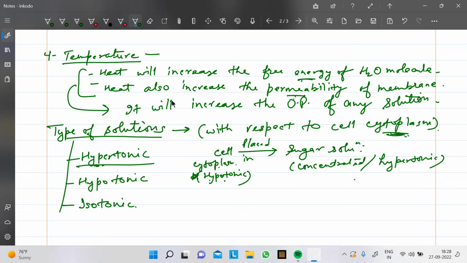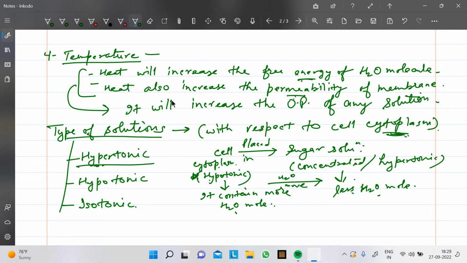What does it mean? Hypotonic contains more water molecules, and the other contains fewer water molecules. So its water potential is higher, the system's energy is higher; the other's water potential is lower, its energy is lower. Water will move from the cell to the outside. What will the cell do? It will shrink, because water has left the cell. So what is a hypertonic solution? Hypertonic solutions are those whose concentration is more in comparison to the cell cytoplasm.